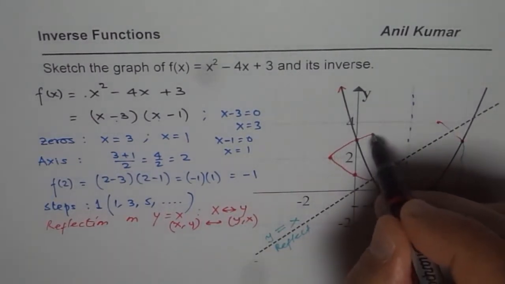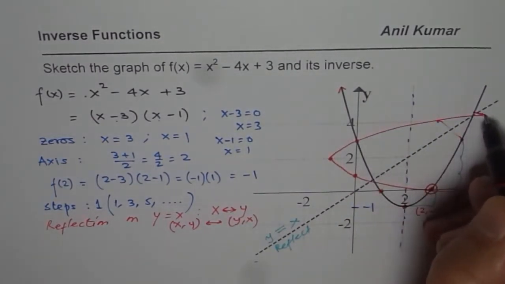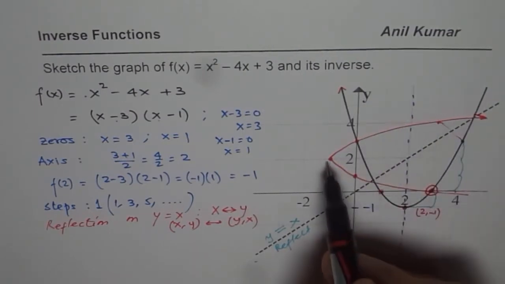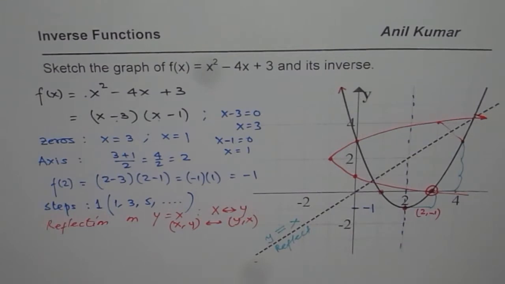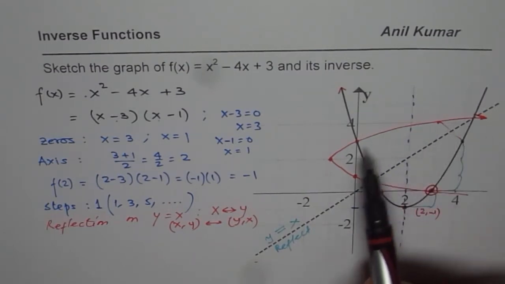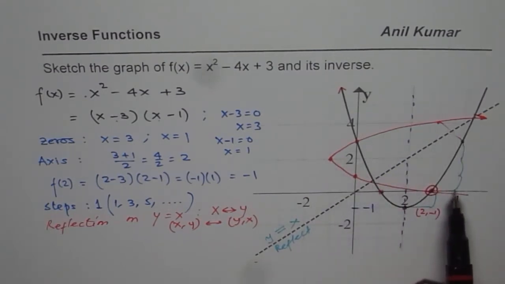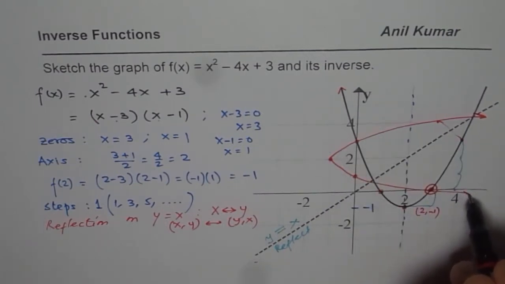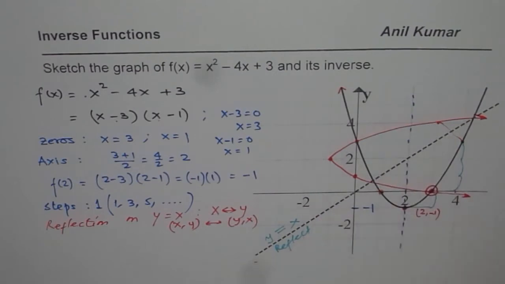So you can go like this, and that is the parabola. The inverse of the parabola is a combination of these two square root functions. Do you see that? Even without finding the equation of the function algebraically, you can sketch it from the graph.